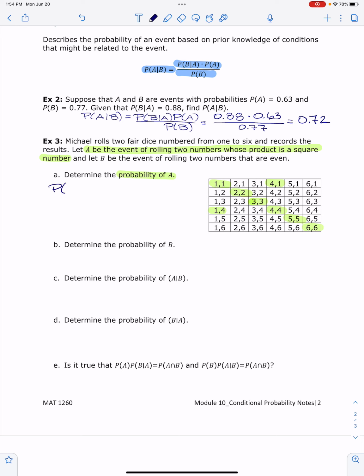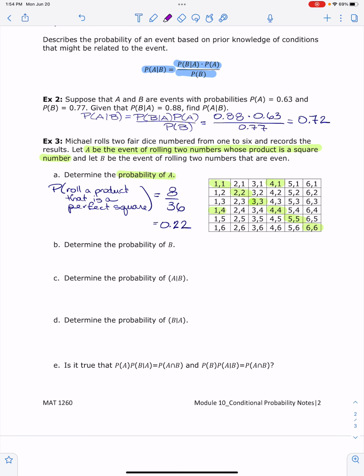So the probability that we roll a product that is a perfect square is the 8 that we have divided by the 36 total. I'm not a big fan of complex fractions, so we are going to go ahead and convert this to a decimal, 0.22.